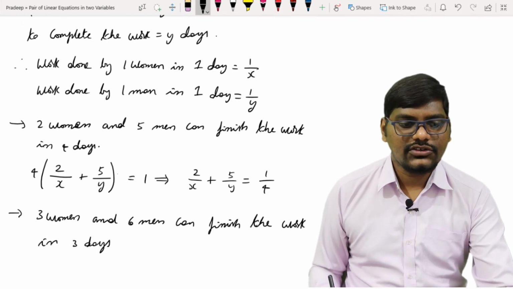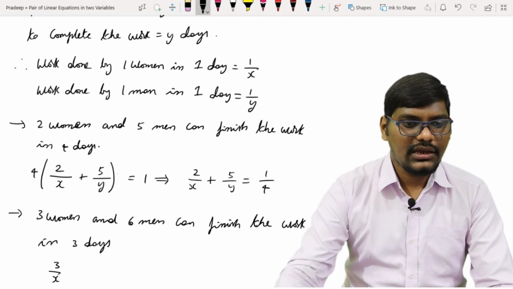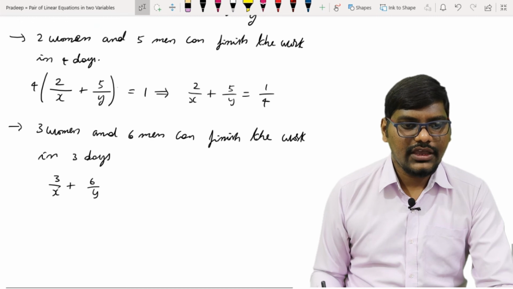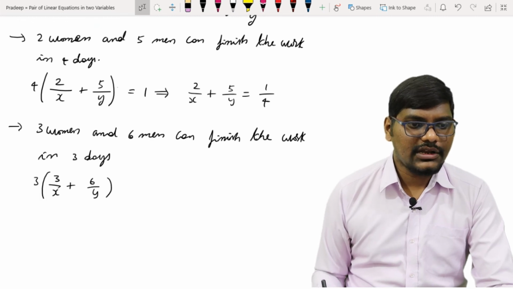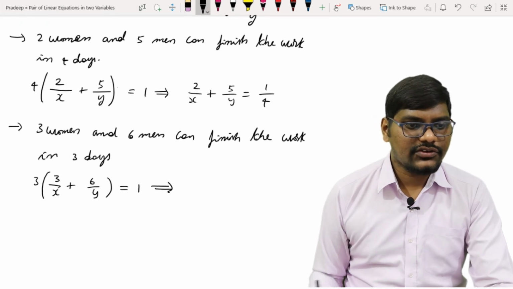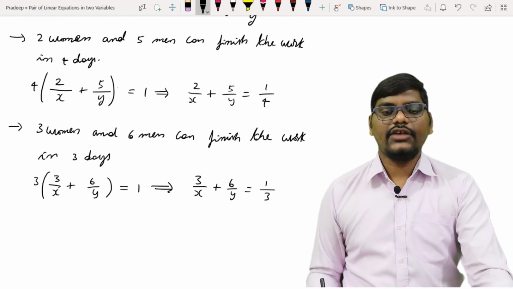So I can write 3 by x as for women, and for men I can write it as 6 by y. So they are taking 3 days, so I'll multiply with 3, so that is equal to 1. So this equation we can just send 3 to other side, so that is 3 by x plus 6 by y equal to 1 by 3 as the equation.